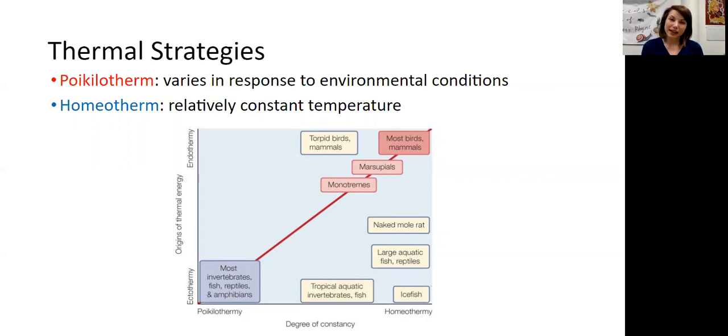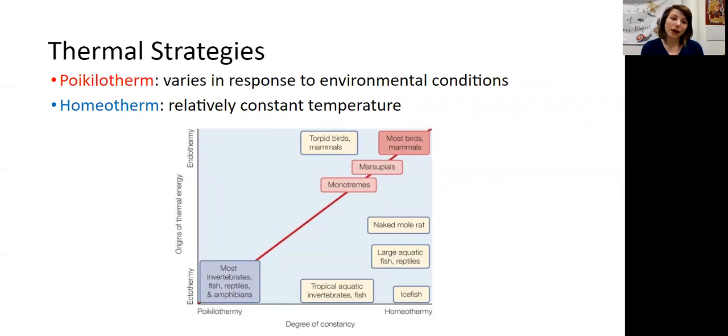So if we take a look at this graph on this slide, on the x-axis, you have poikilothermy and homeothermy on the two ends there, with degree of constancy being the label on that axis. So in poikilothermy, you're going to have a wide range of constancy, homeothermy, a much narrower range.